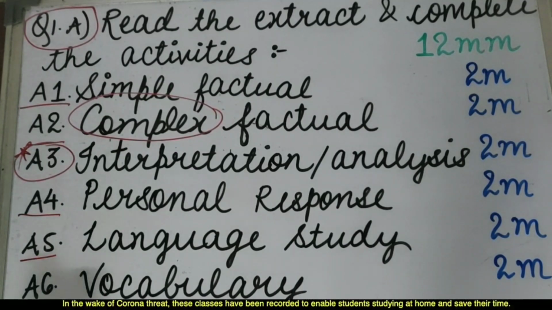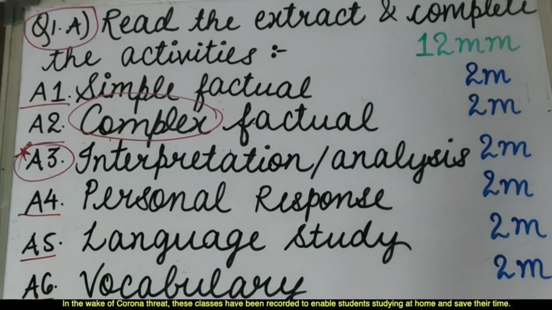Okay, then next comes question number A6, that is vocabulary. Now vocabulary means, what do you mean by vocabulary? In this, questions on composition of sentences, phrases and words can be asked. You need to keep in mind questions on composition of sentences, phrases and words are asked in vocabulary.